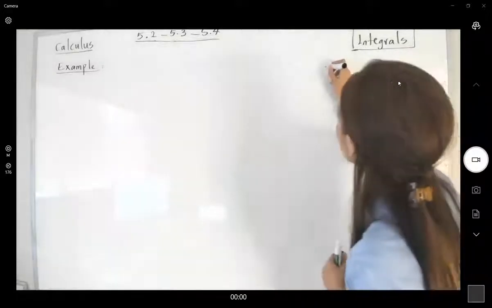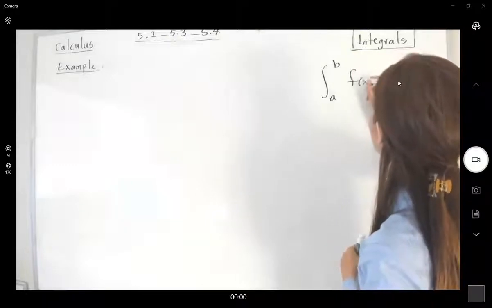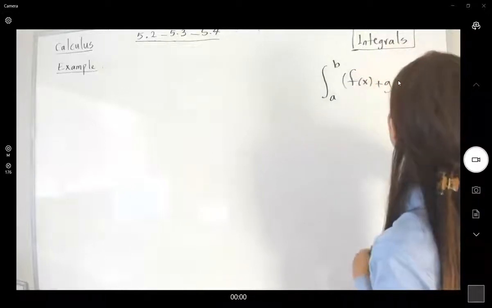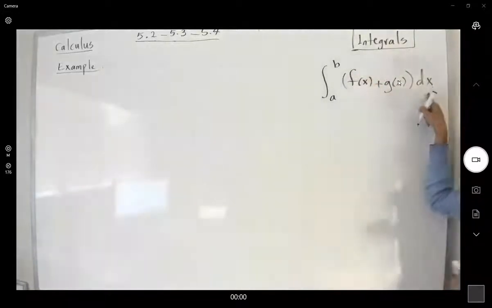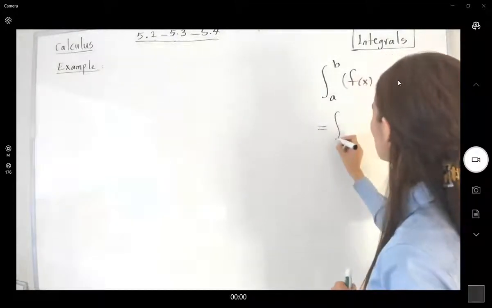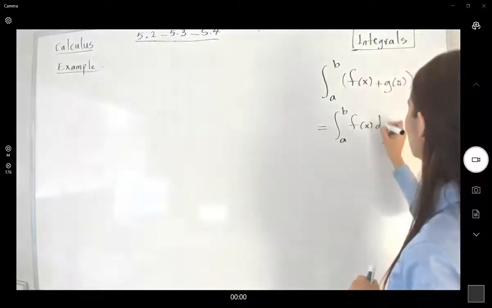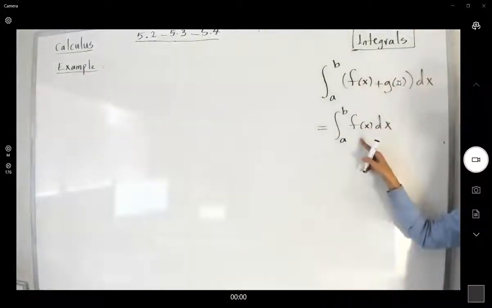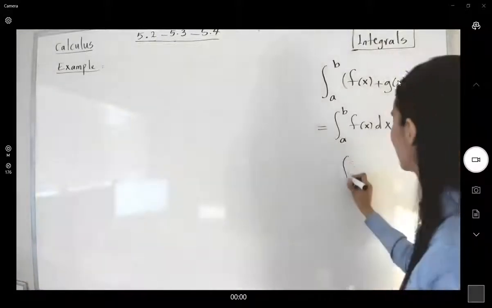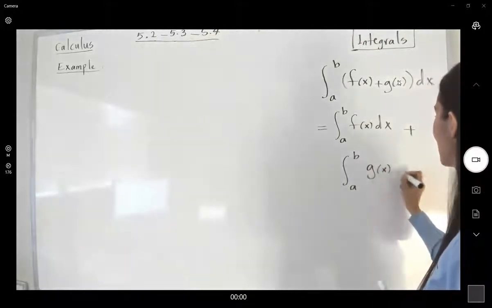If you have the integral from a to b of f of x plus g of x with respect to variable x, you can break this down into the sum or difference of these integrals. You can find the integral of function f, add or subtract the definite integral of function or term g of x.